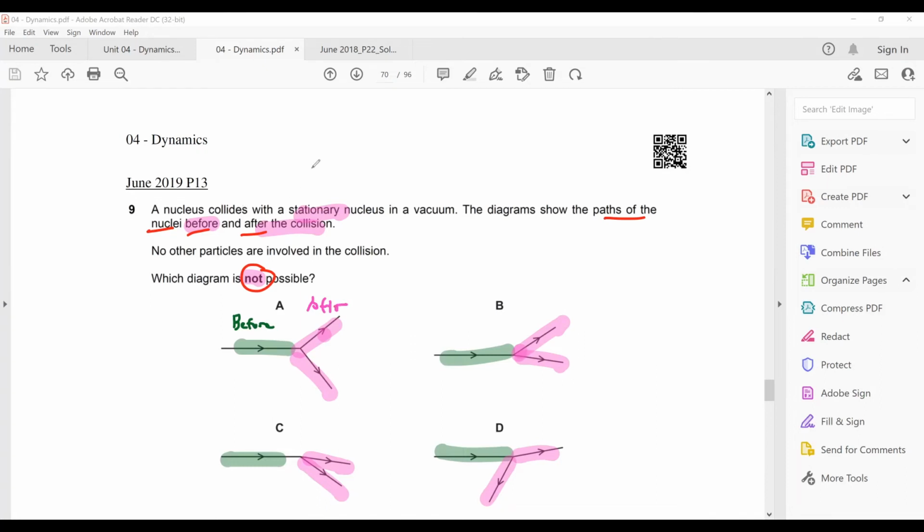So this is again something similar to a case of 2D collision, where we say that total momentum must be conserved in any direction, which essentially means that the sum of momentum before collision is equal to the sum of momentum after collision in X or Y direction.